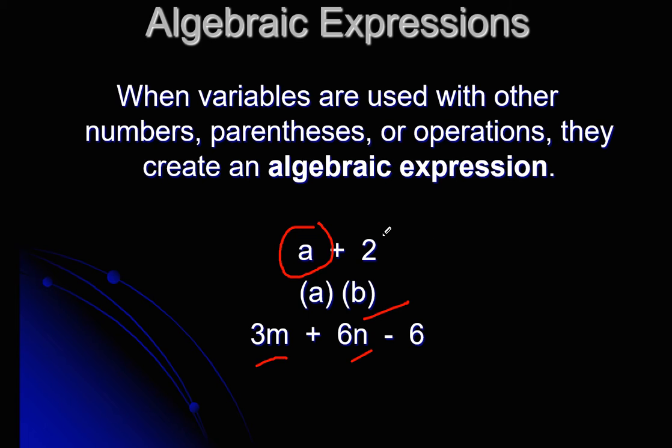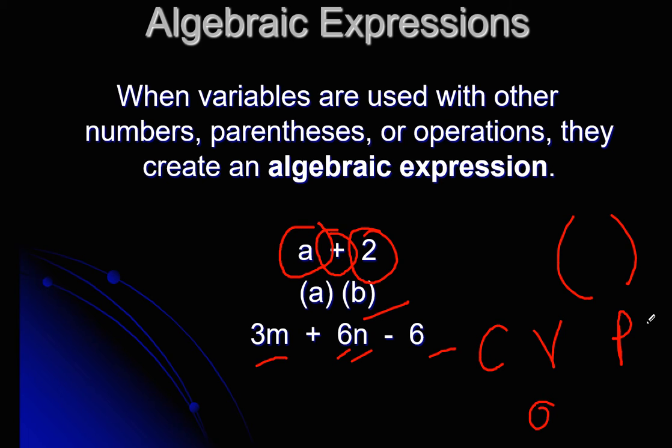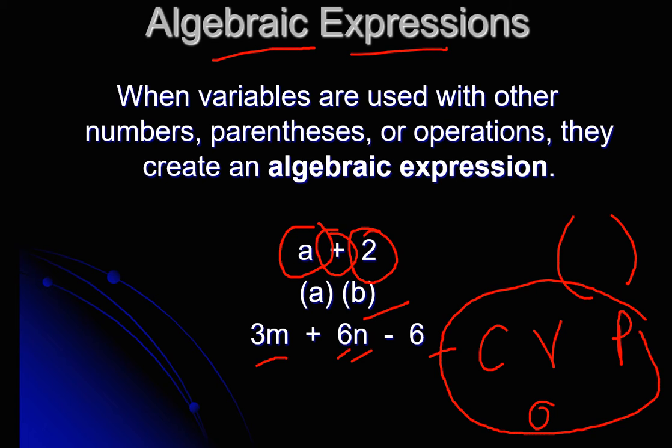When we combine variables and constants like 2 and 6 with operators like plus and minus, and parentheses, in one expression, that is called an algebraic expression.